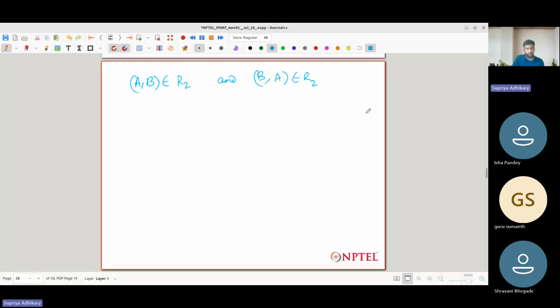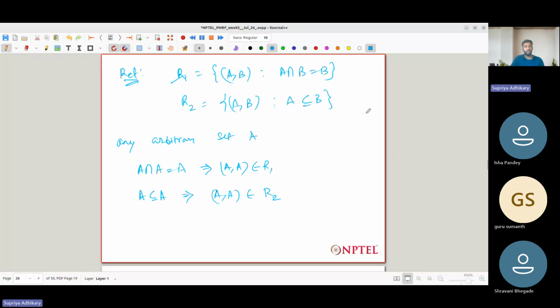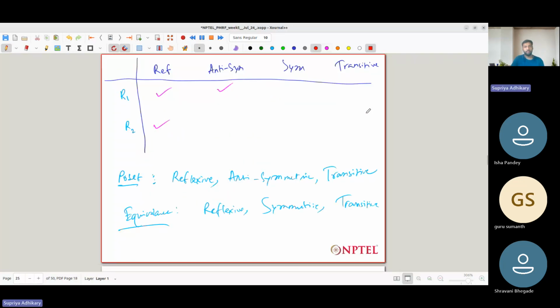Now AB belongs to R2 means that A is a subset of B, and BA is in R2 means that B is a subset of A. We consider these two statements, A is a subset of B and B is a subset of A, so that implies that A is equal to B. So this relation R2 is also antisymmetric.